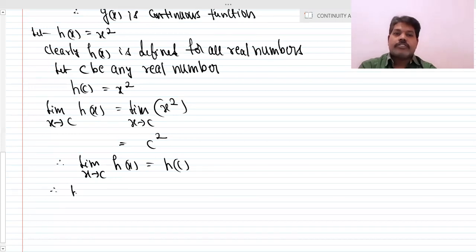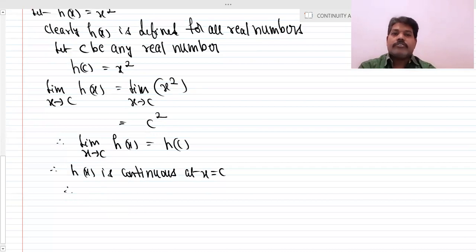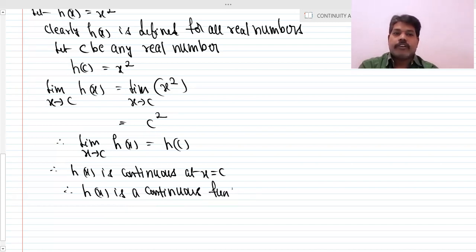Therefore h of x is continuous at x is equal to c, and c is a real number. So therefore h of x is a continuous function.